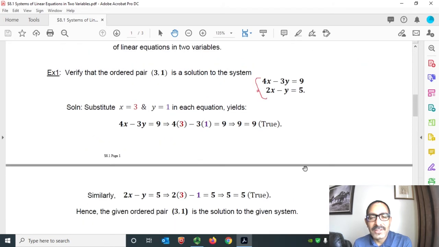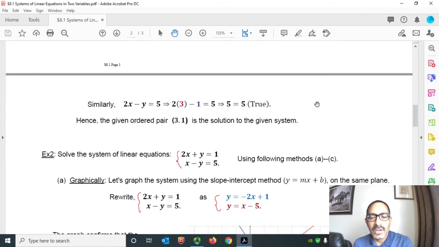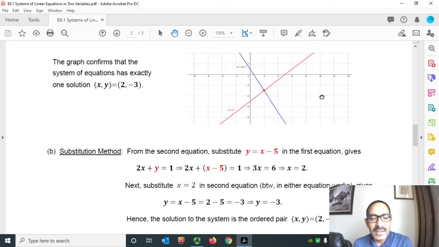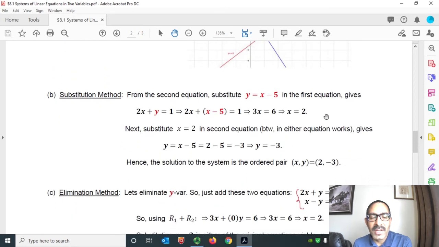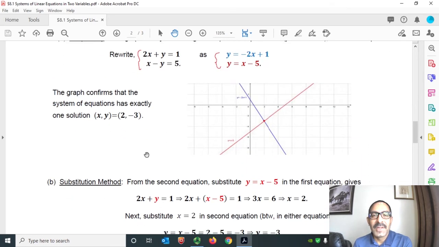Now let's solve the system using another method. Part B, let's use the substitution method. Awesome. So in the substitution method, from one of the equations, write one variable in terms of the other variable, substitute that variable back into the other equation and solve.